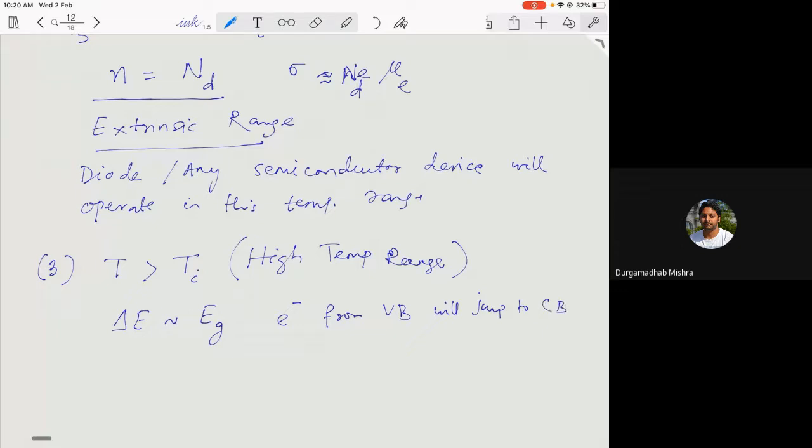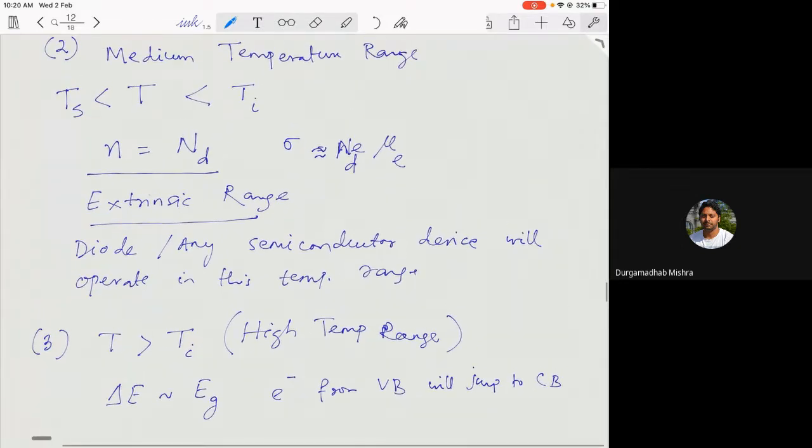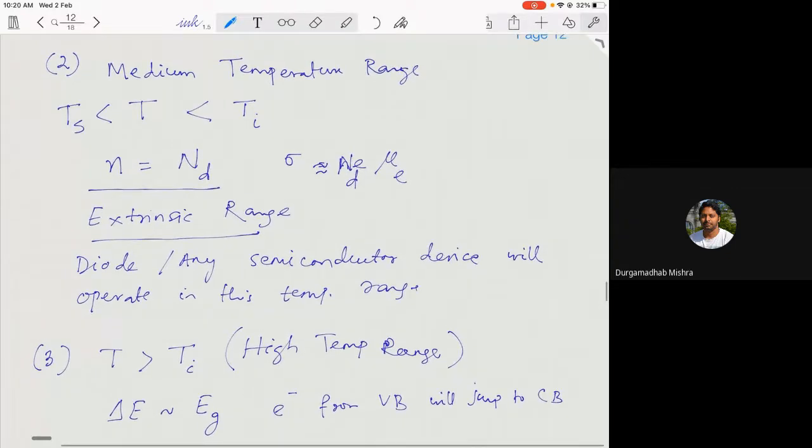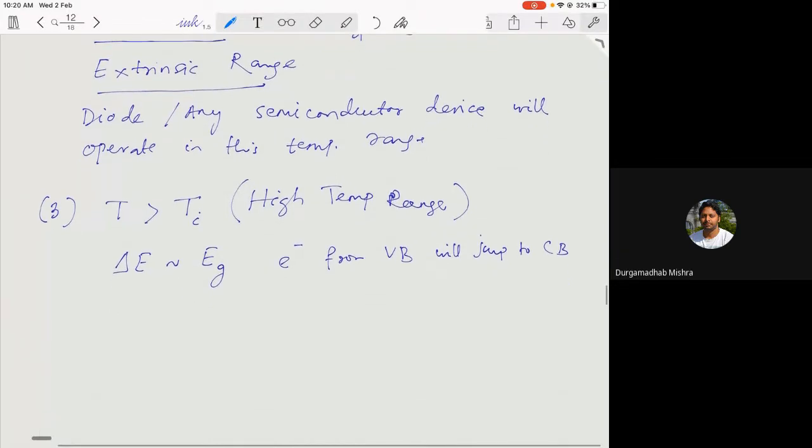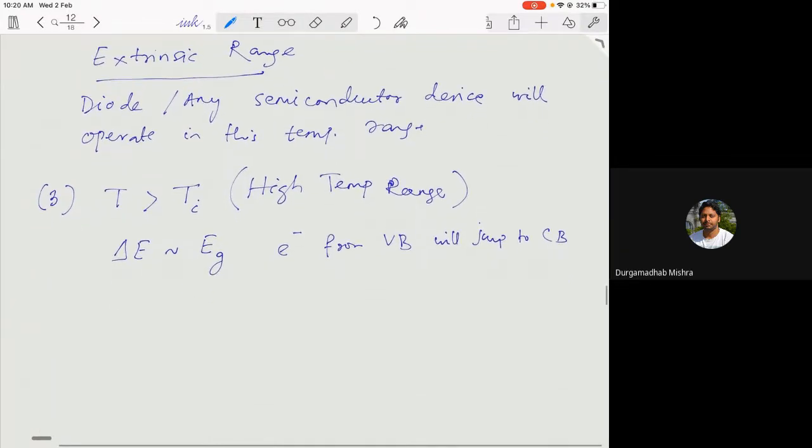Earlier, only electrons from the dopant energy level were going into the conduction band. Now if the temperature is high, electrons will jump from the valence band to the conduction band, and the intrinsic carrier concentration will be much higher than your dopant carrier concentration.